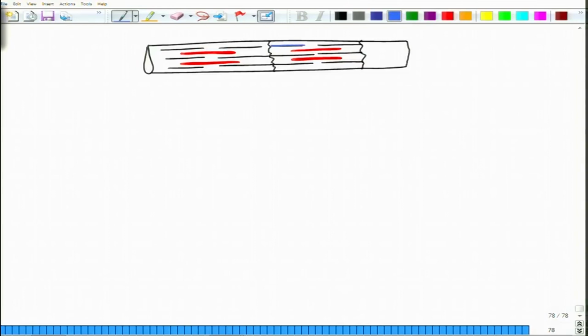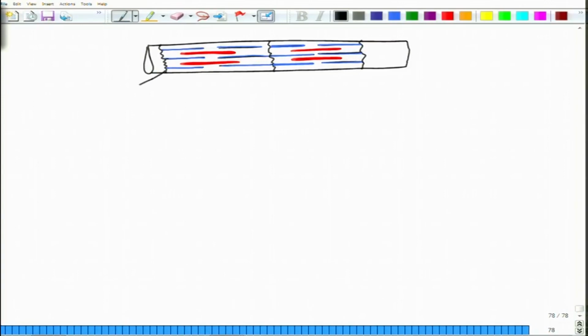And the ones I am now putting in green, blue, these are the actin filaments, which are much thinner. So, this is how this arrangement of myosin and actin is being orchestrated by nature.